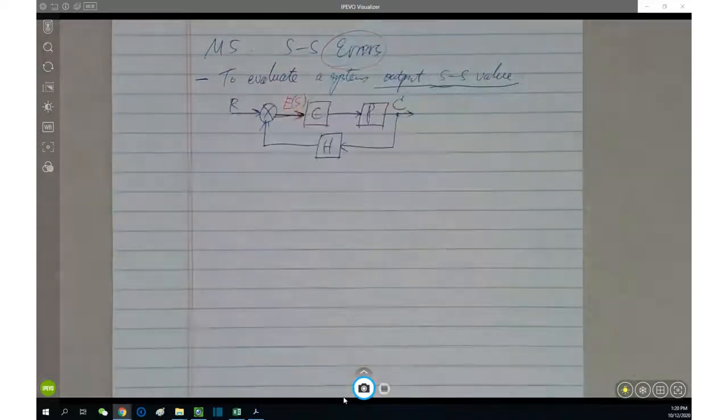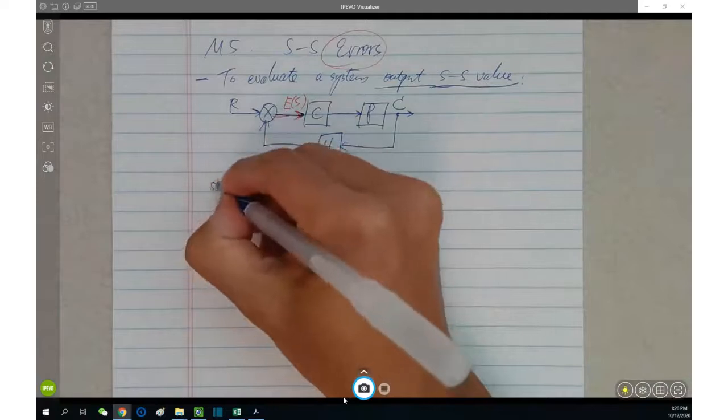Capital letter, of course, in the s domain. And here we need to talk about the design.